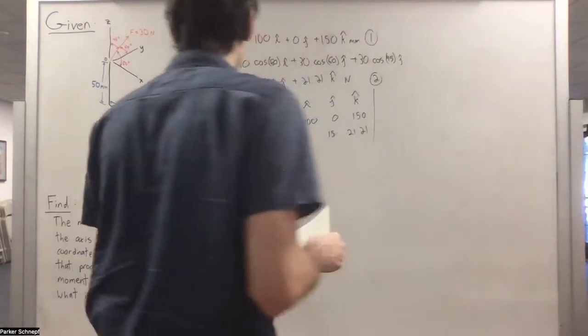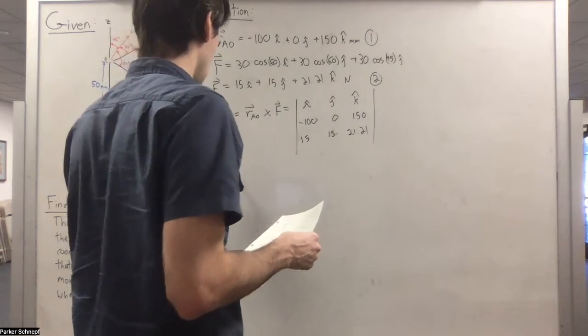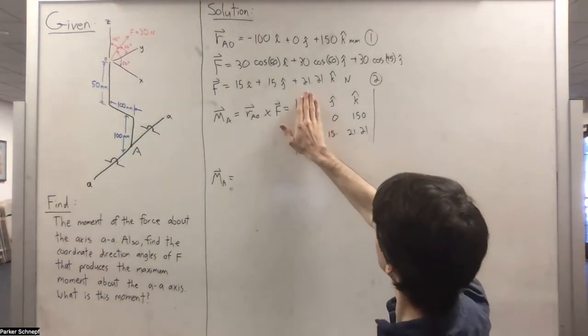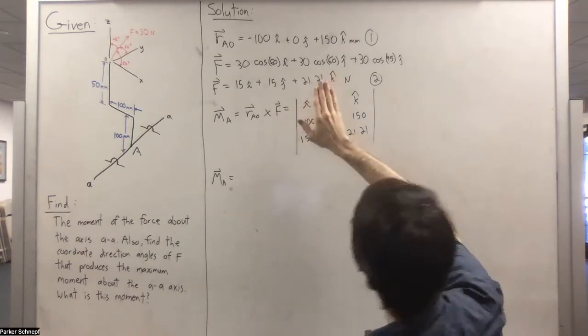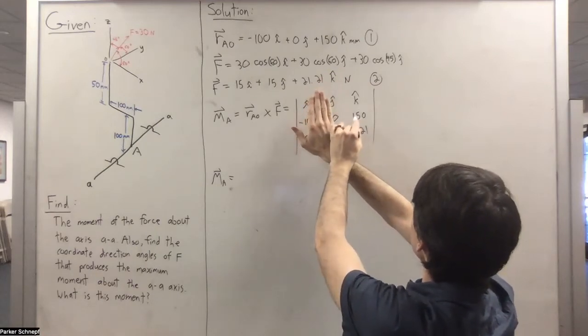And you'll remember that when we do this, we're looking for the i, so we cover up the i column. We're going to take this value times this value minus this value times this value.